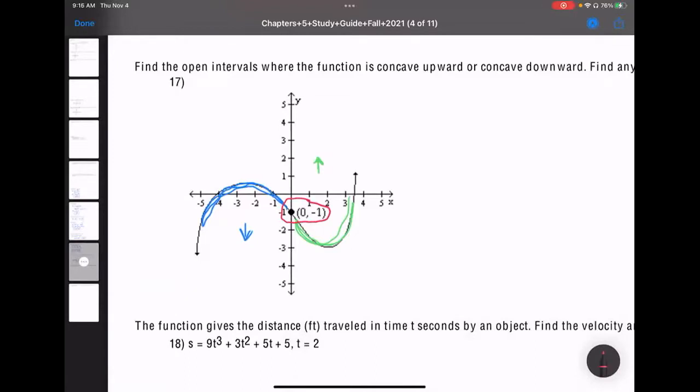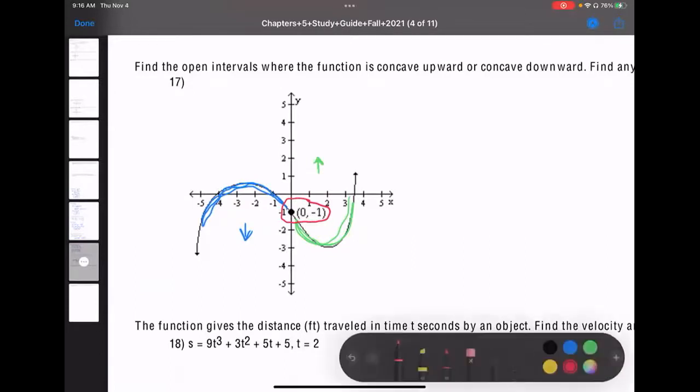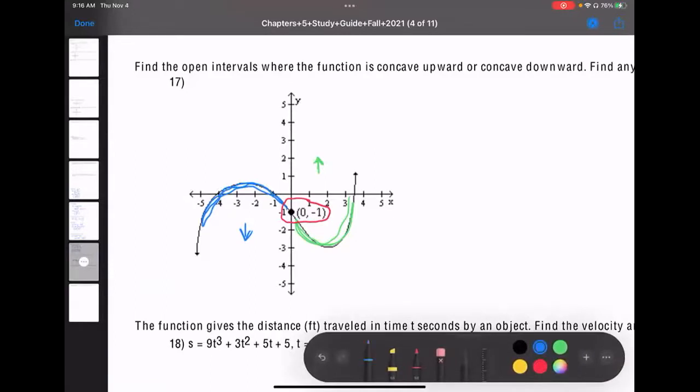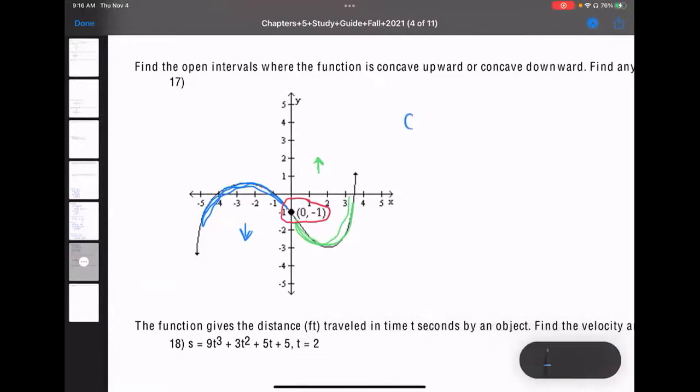And simply checking concave up and concave down is, does the curve open downwards or does the curve open upwards? And so we're going to write this as intervals. So concave up at the interval 0 to infinity.